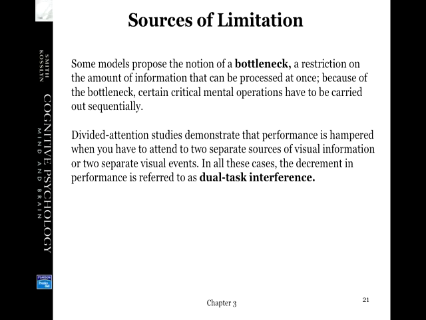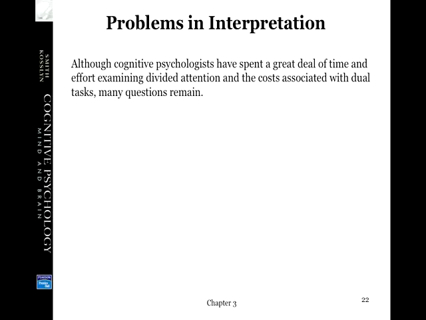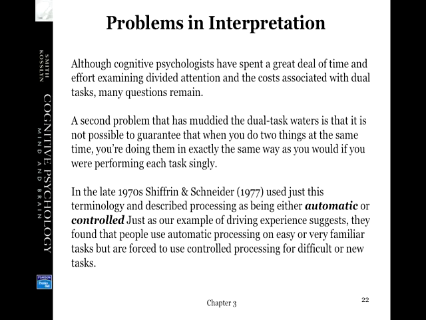So the performance failure is because you can only do one thing at a time particularly well. If you're trying to do two things at once, remember you get that decrement. All right, so what now? What's going on with all this stuff? We've spent a lot of time thinking about divided attention and the costs with dual task interference. Think about driving your car. And they tell you, don't text and drive, don't do it, it's bad.